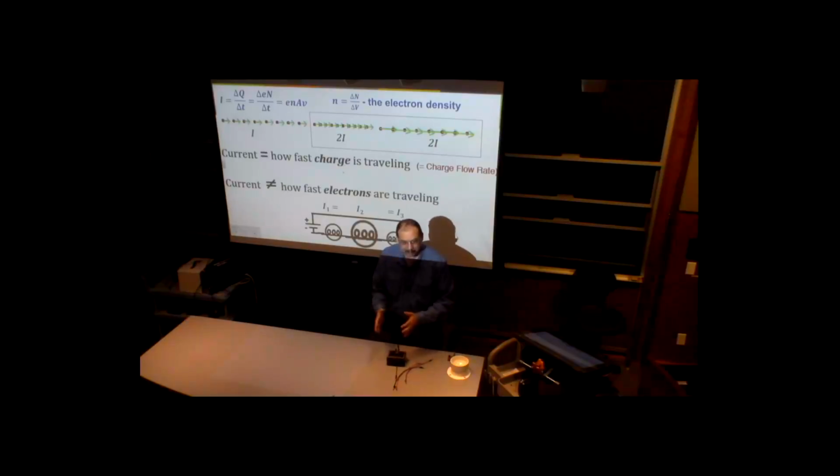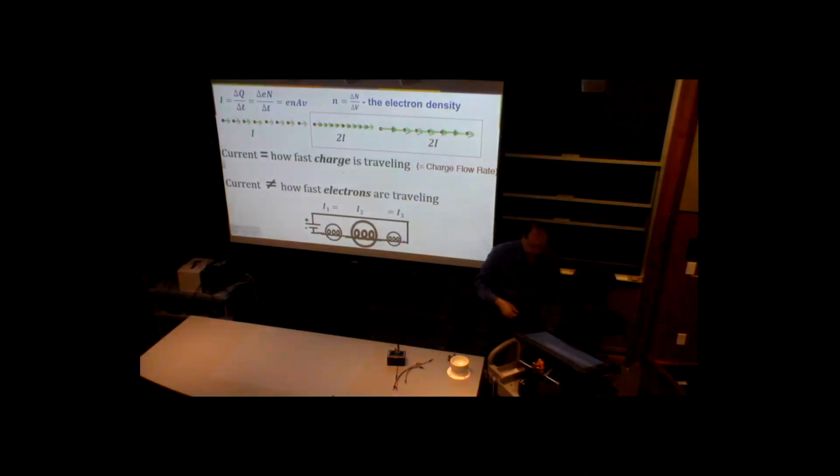Electrons might be packed denser or less dense, but also they might move slower or faster. If you look at this picture, we have very dense electrons packed up, spacing is short, but they travel faster. Here we have less dense electrons, but they travel slower.